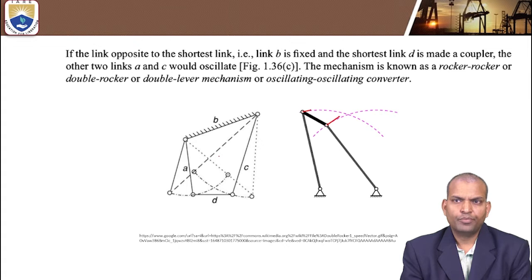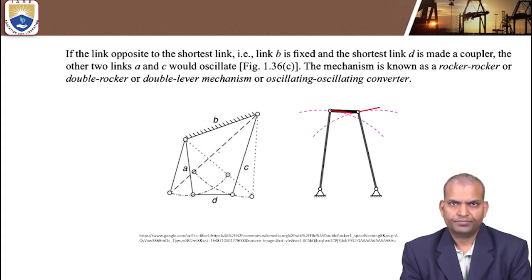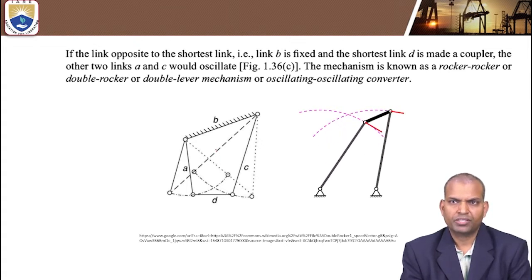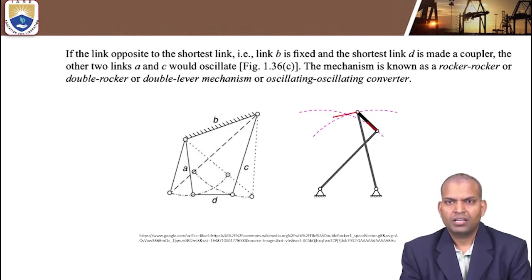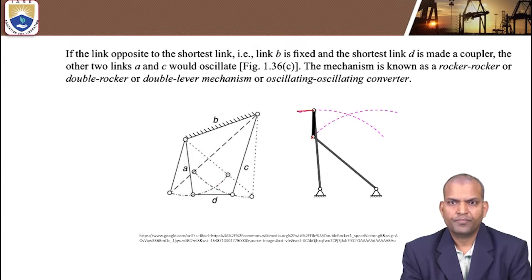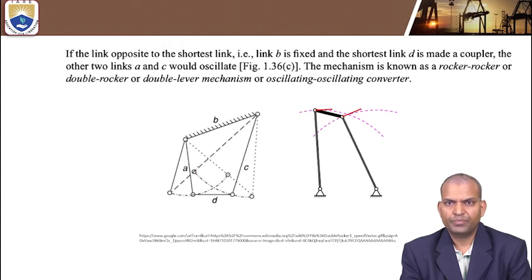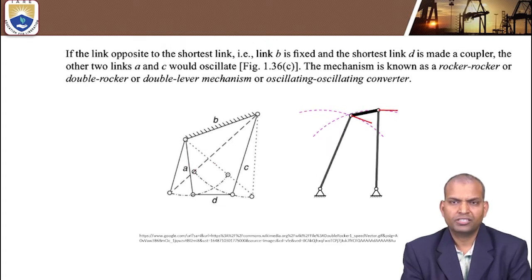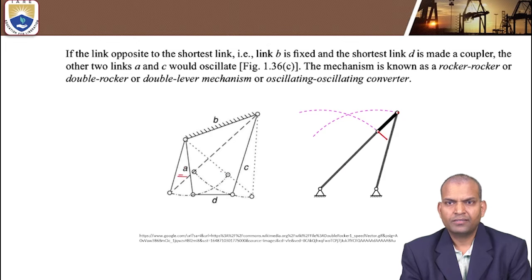Now the link opposite to the shortest link, link B, is fixed. The shortest link D is made a coupler, and the other two links beside B, A and C, become oscillators. A and C oscillate.